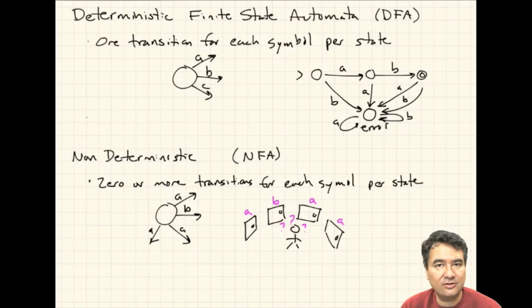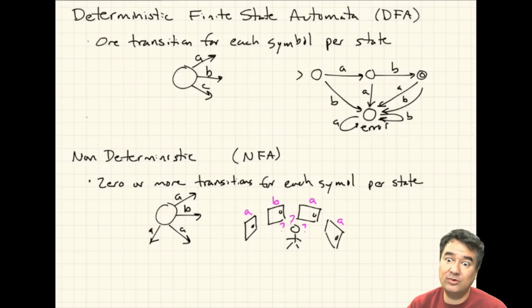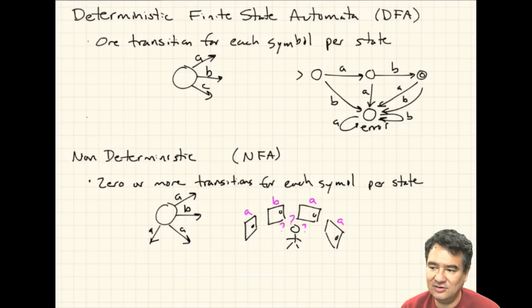And for simple finite state machines, maybe as a human, you look at it and go, well, I can see the next one is going to be a C, so I'm going to walk through the first A door. But what if it's not revealed to you until much later, like 5 or 6 or 7 states later, which of those doors would have been the best at that point? That's where it gets tricky to write a computer program, because you now have to look ahead quite a ways.